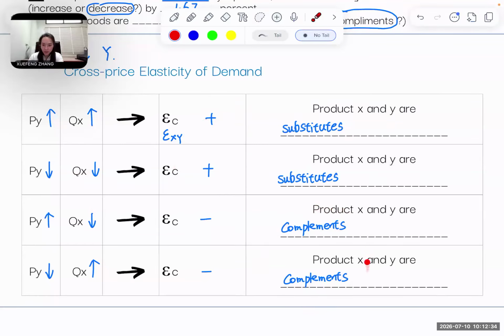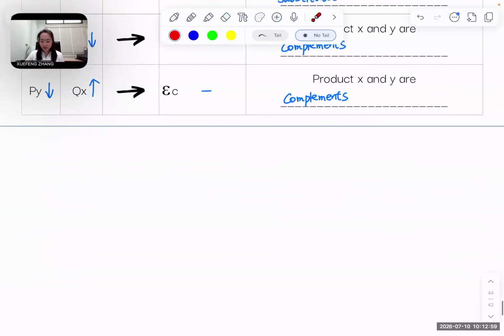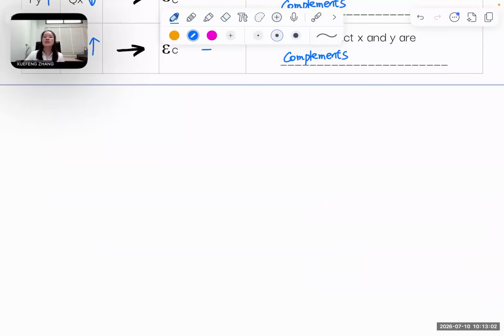For complements, they cooperate with each other, so we have the opposite direction and the negative sign, okay? Remember, the sign is everything. Positive means rival, negative means partners.